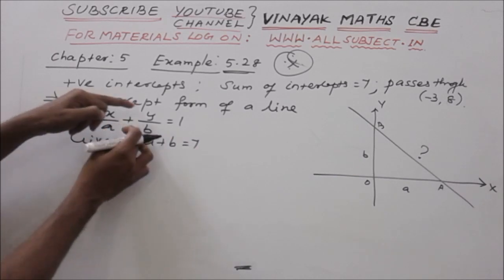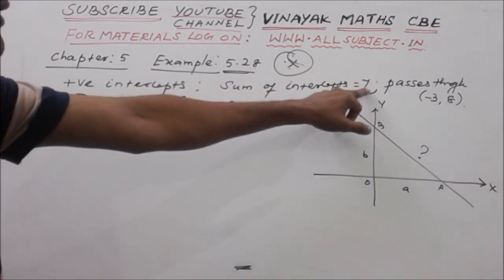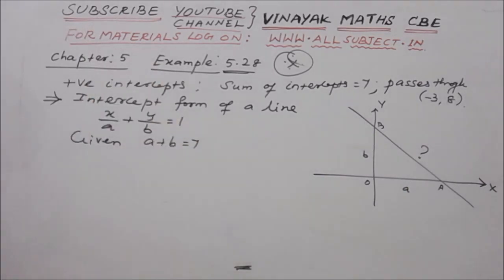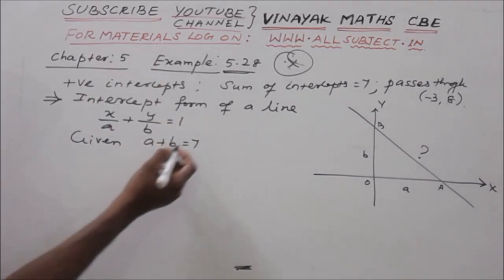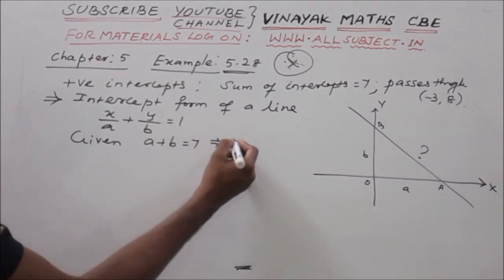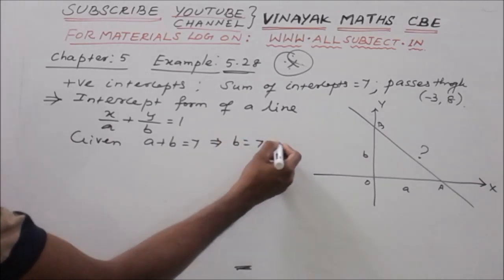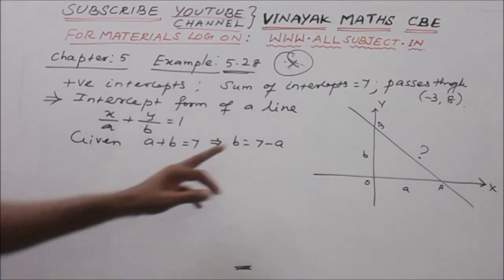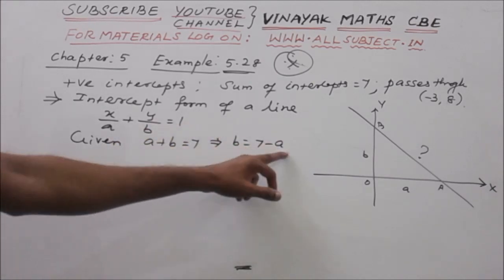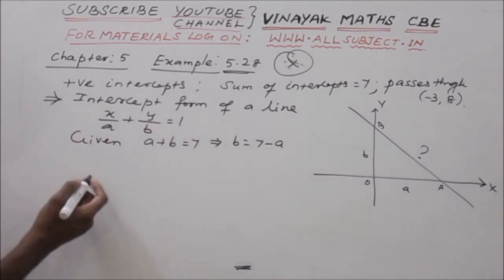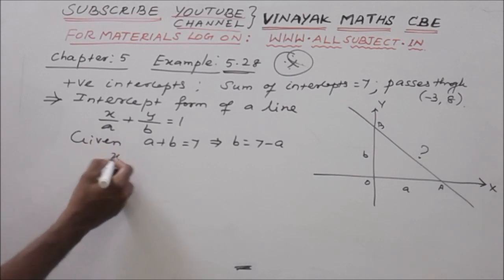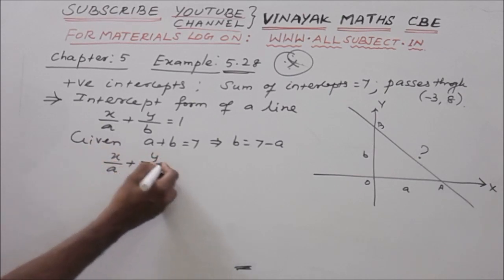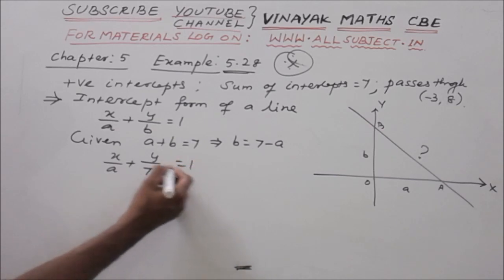From this we can conclude b equal to 7 minus a, or a equal to 7 minus b. Substitute 7 minus a for b in the above equation, we get x by a plus y by 7 minus a equal to 1.